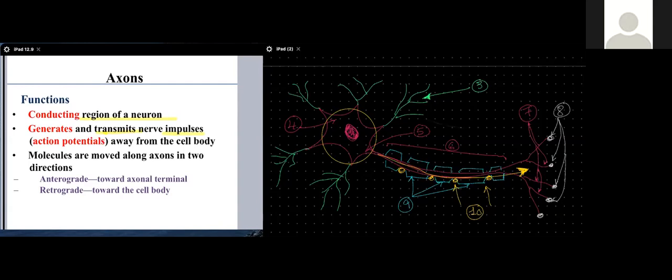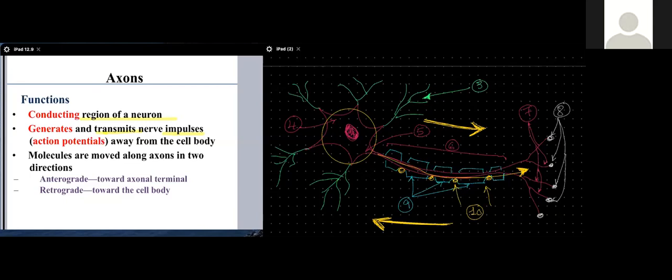from the cell body of the nerve cell towards the telodendria. We call this an anterograde electrical conduction. And I can conduct the electrical impulse from the telodendria backwards towards the cell body, and we call this a retrograde electrical conduction.